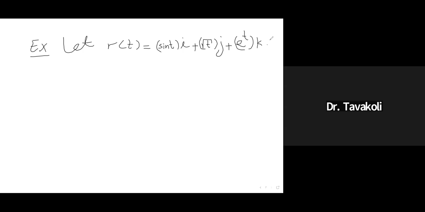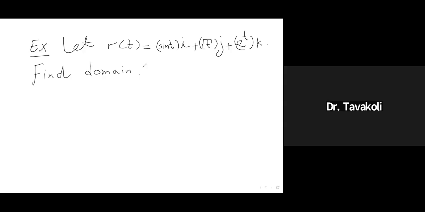Here, in this example, our concern is not the graph of that. The concern is the domain, meaning the set of all values of t for which this expression makes sense.